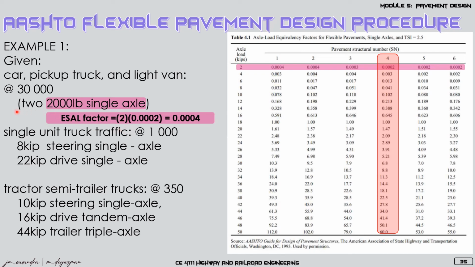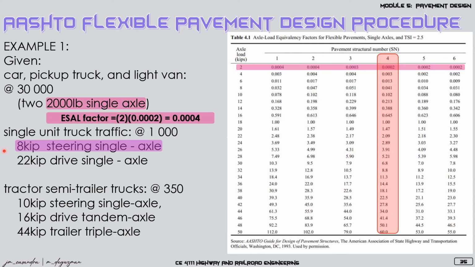Because it is given that the car, pickup truck, and the light van consists of two 2,000 pound single axles. Okay? Meaning, that's two single axles, so I have to multiply it by 2, giving us a total equivalent single axle factor for the first type of vehicle equal to 0.004.